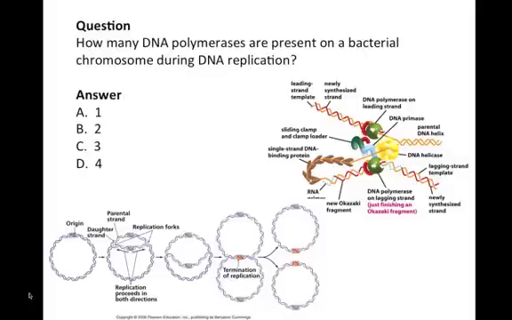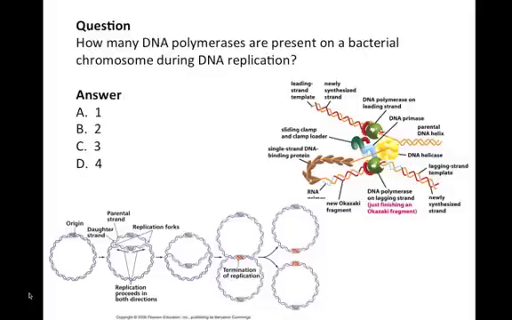And so here's 1 and 2 times 2 is 4. And so that's how I got to 4. I'm trying to get you guys to think about what it looks like at the replication fork. I don't know if the wording just threw people off, but it looks very straightforward. Present on, because they actually are binding to the chromosome.